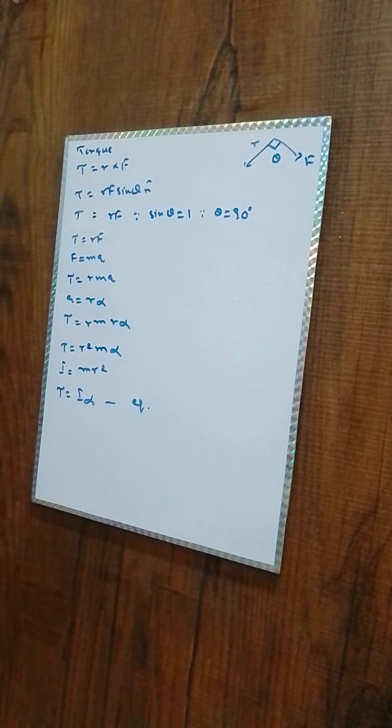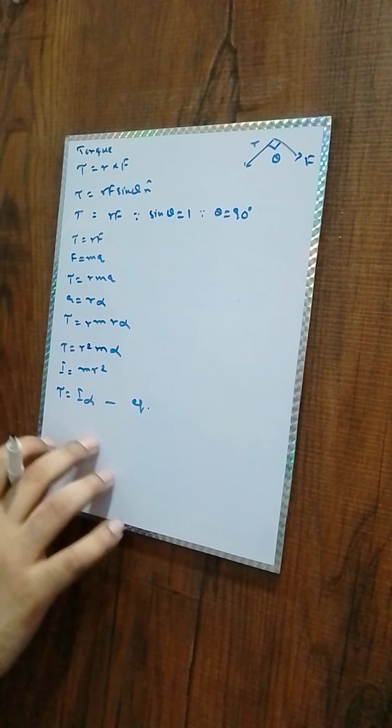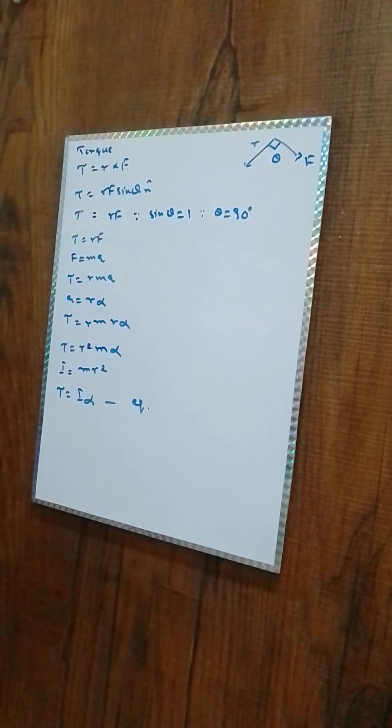So this is an equation of interest. The product of moment of inertia and the angular acceleration gives us the torque tau, and the case can be extended for rigid bodies, the collection of referential masses.